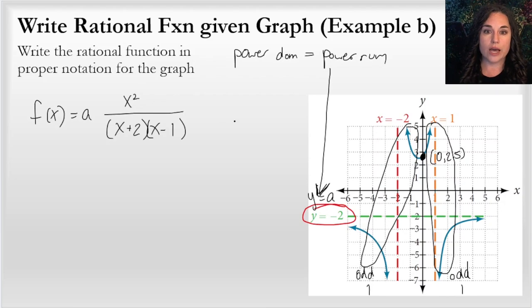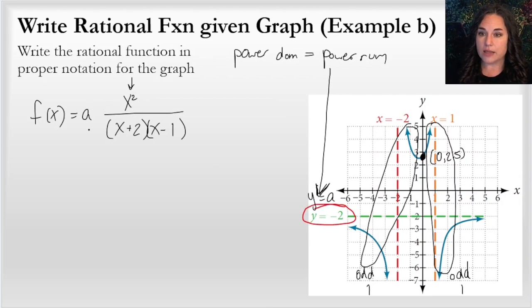I also know that it can't have any like this going on because there's no x-intercept. Remember, if I had an x-intercept, let's say 5, that'd have to be equal to 0, and I'd have to see 5 as an x-intercept on that graph, but I don't see that. So that's why I know that there's just an x squared, because of that horizontal asymptote, and there's no x-intercept, okay?